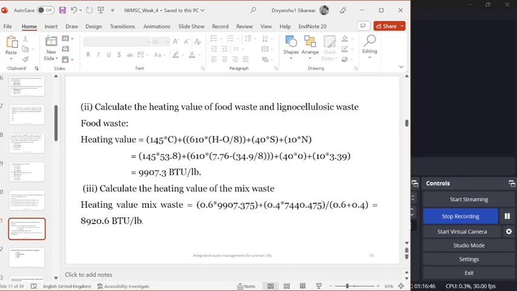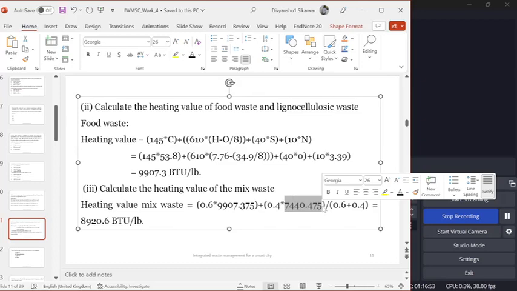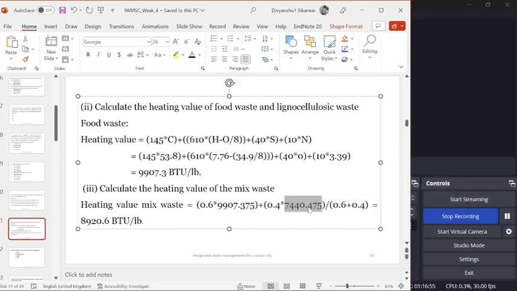These values we use in the Dulong formula to calculate the heat value per pound. This will be 7440.475 BTU per pound for the lignocellulose waste.